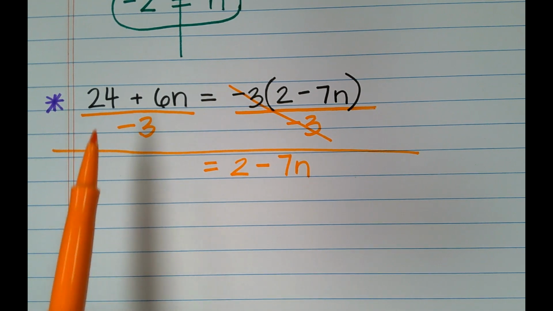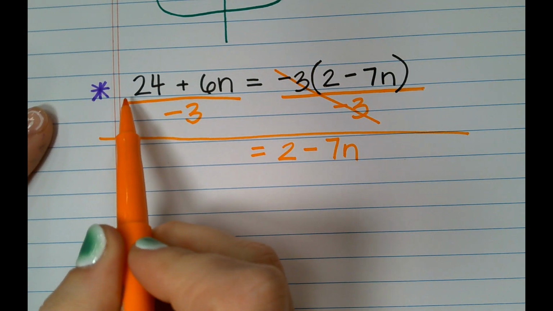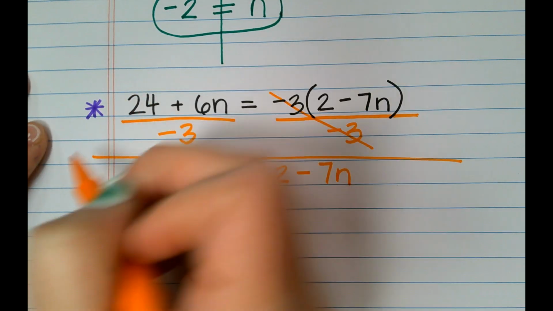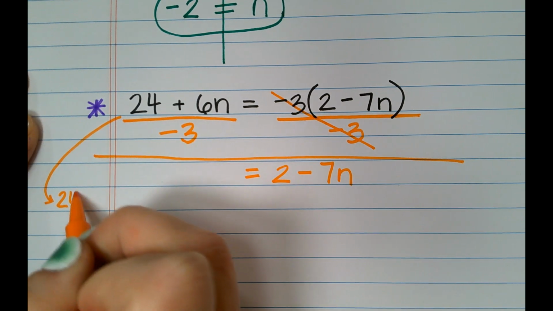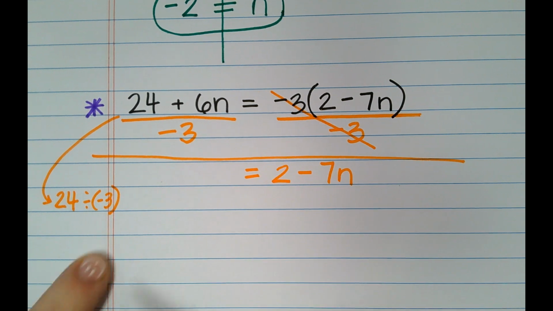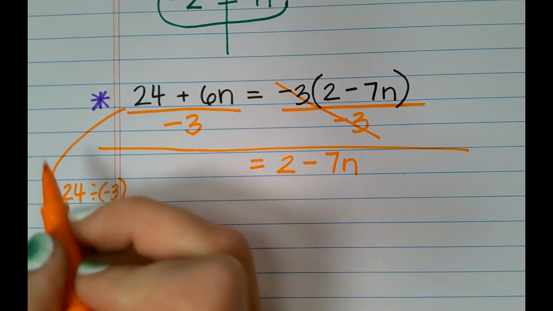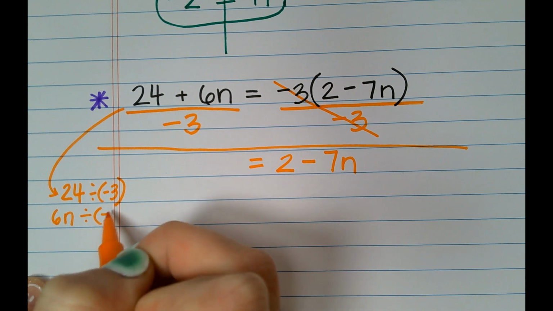Now, we have 2 different division problems here. So if it helps to write them out to the side, do it. I'm gonna do 24 divided by negative 3. Also doing 6n divided by negative 3.